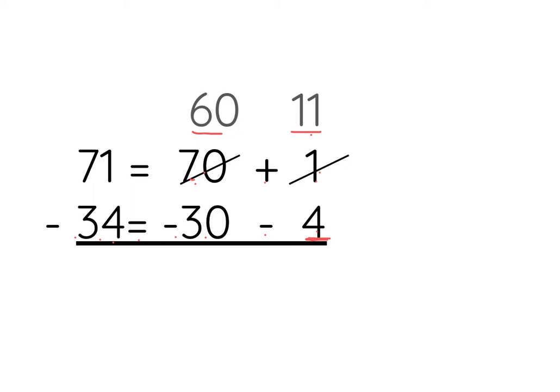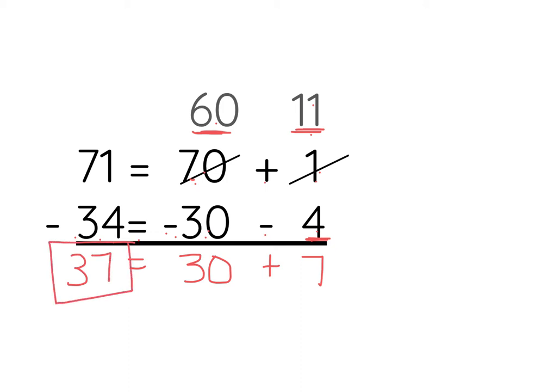Now, since we know that the big digits are on the top, if you wanted to subtract starting with the 10s, you could, or you could go from the 1s. 11 minus 4 equals a positive 7, and 60 minus 30 equals a positive 30. 30 plus 7 equals 37.